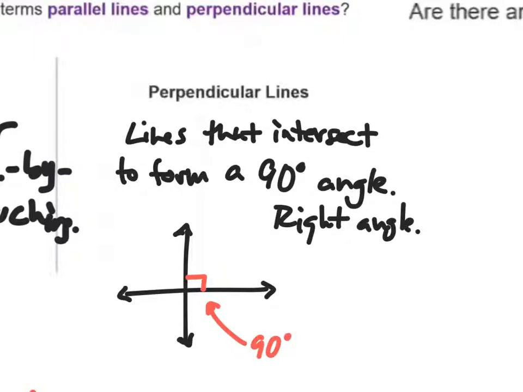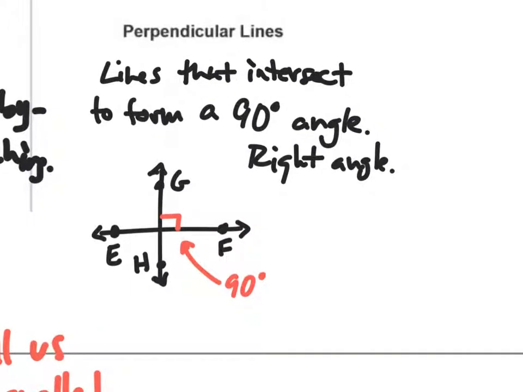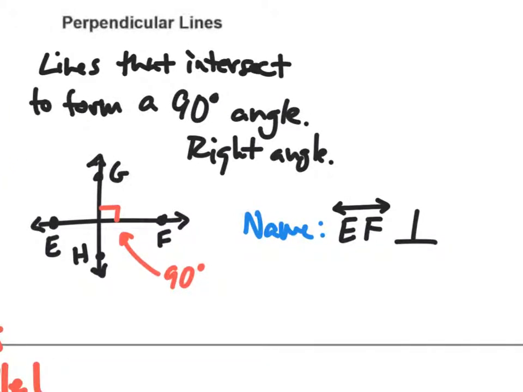And if I were to put points on here, I'm going to call this B, C, D, E, F, and then G, H. And what I would say here, if I wanted to name these, is that line EF is perpendicular to line GH.